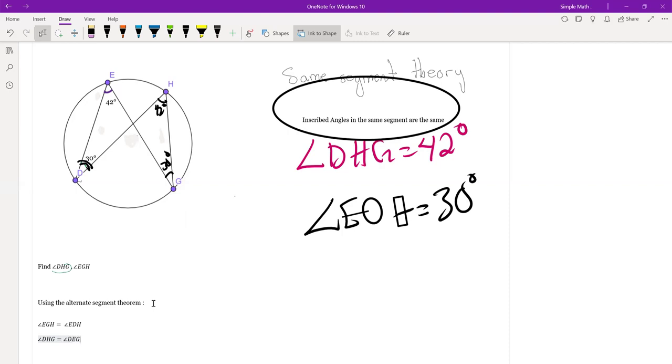So you can write something like that, and then you can say this is equal to this. This is how you can do it, but if it's an objective or multiple choice question, just be quick about it and go to the next question.